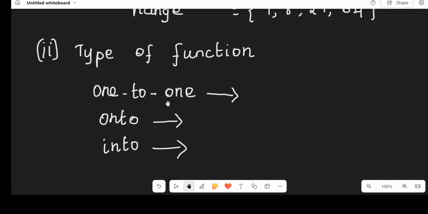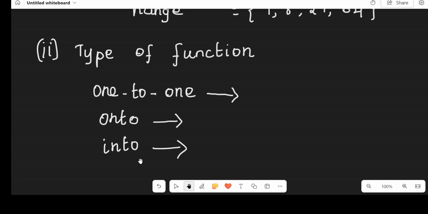In onto function, all the elements of the second set should be mapped with an element of the other set. That is onto function. What is into function?